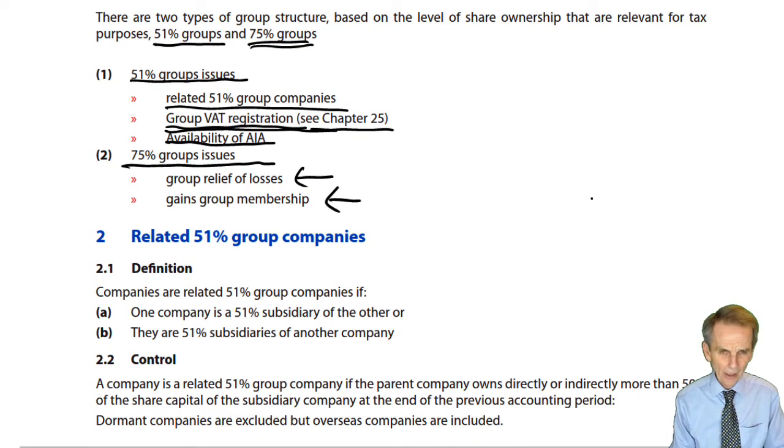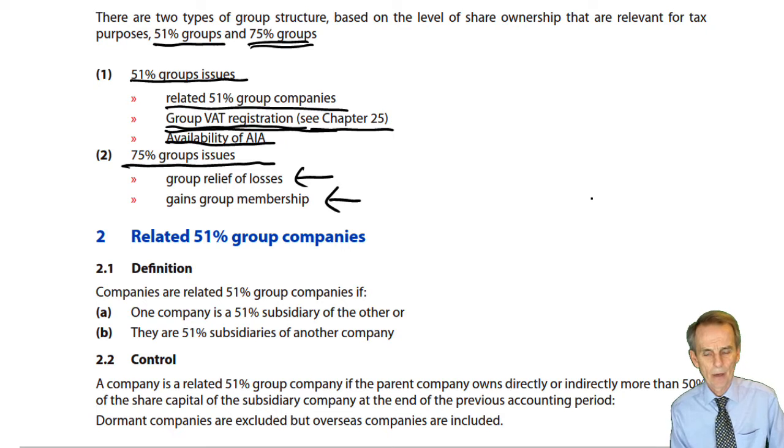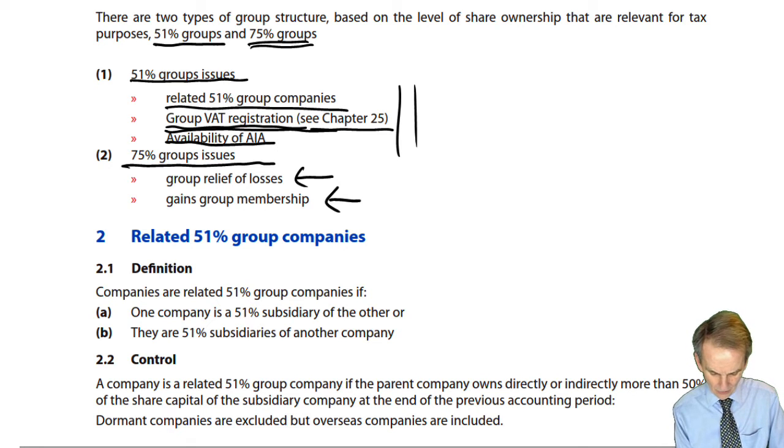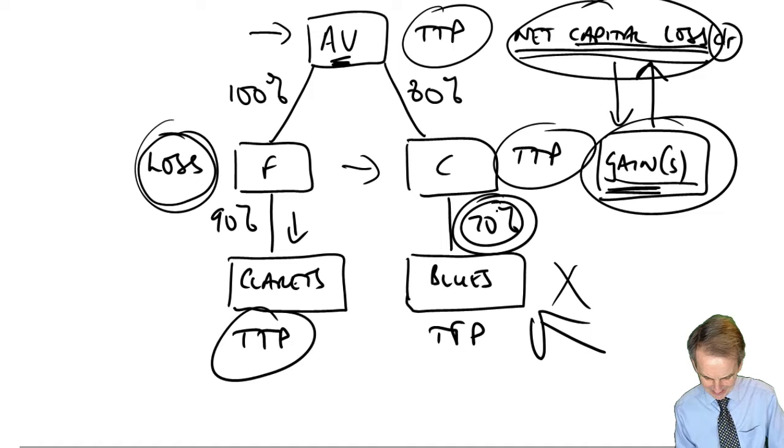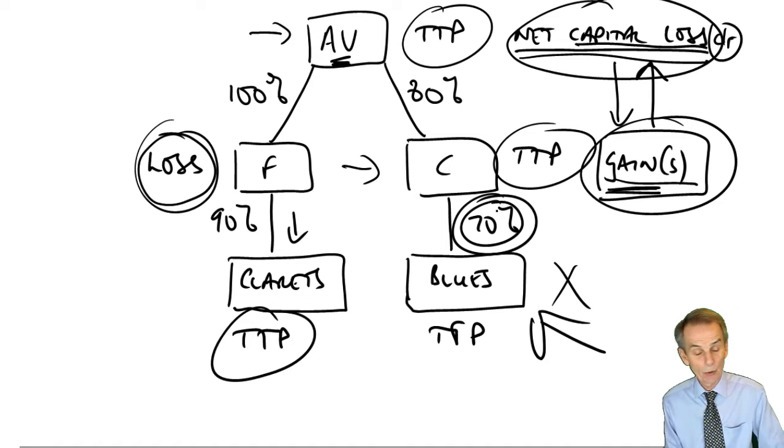So we'll need to define our group in terms of 75% group membership, defining 75%, as we'll see later, firstly for group relief purposes, and secondly for capital gains group membership purposes. We'll also have to look at, well, obviously if it's 75%, you clearly are a member of the 51% group. But with our little group of companies that we saw here, we saw that in terms of blues, the holding that C, its parent, had in blues was only 70%.